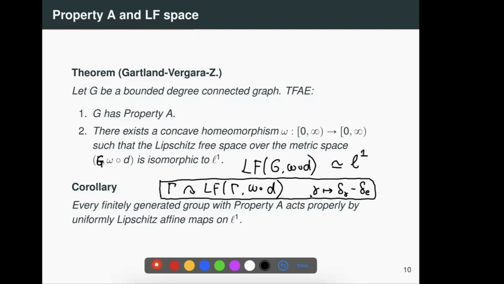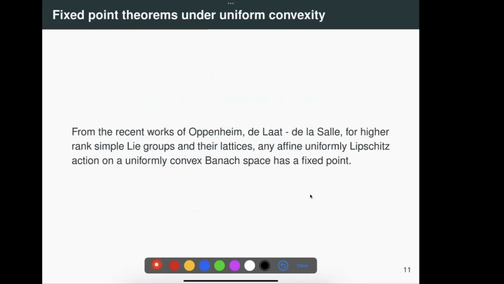For this problem, let me show you an important theorem, a fixed point theorem when you have a uniformly convex Banach space. It's a recent breakthrough work of Oppenheim. He considered SL_n(R) for n at least 3, and you take a lattice here. The most important example is like SL_n(C) in higher rank. The fixed point properties of these higher rank lattices have been considered for a really long time.